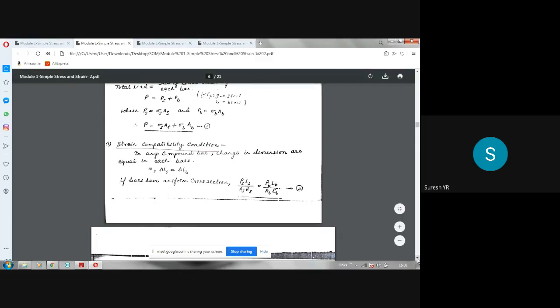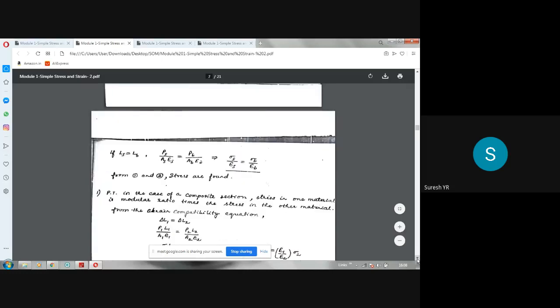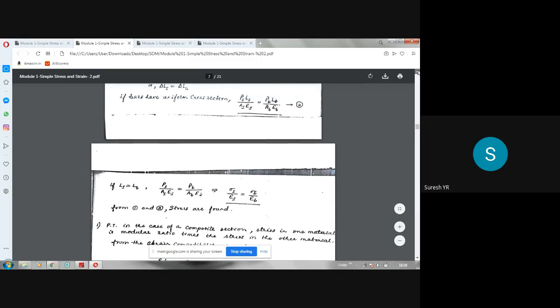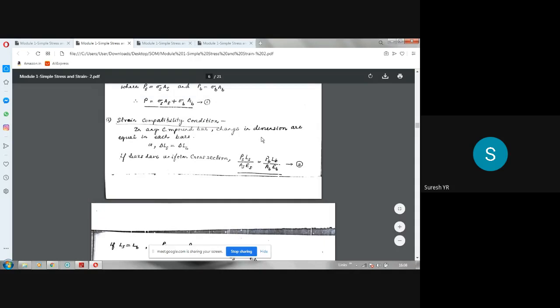From two equations, you can solve those two unknowns. Later on, you can find out the other things, such as the change in length. Once the stress values are known in the two bars, you can always find out the deformations by substituting in any of these.